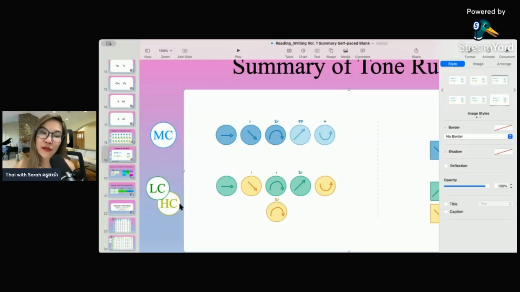Basically, half of low class matches all of the sounds in high class. And that's why they can team up and make a complete set of five tones. It wouldn't make any sense if they didn't have the same sound. They wouldn't have to team up and make a complete set of five tones, right? But because they have the same sounds. And again, when I'm talking about the same sounds, that's the characteristics they have nowadays, in modern days. Before, they didn't have the same sound.